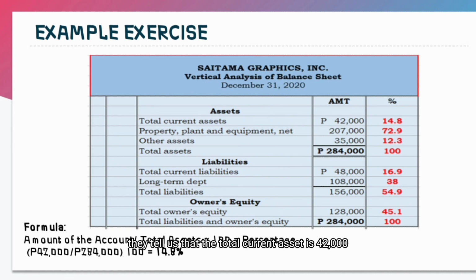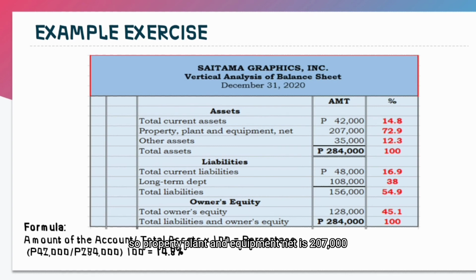They tell us that the total current asset is 42,000. To see the percentage, you divide the total current asset, which is 42,000, by total asset, which is 284,000. And we find that the total current asset is 14.8% of total assets. And we would do that to property, plant, and equipment net.